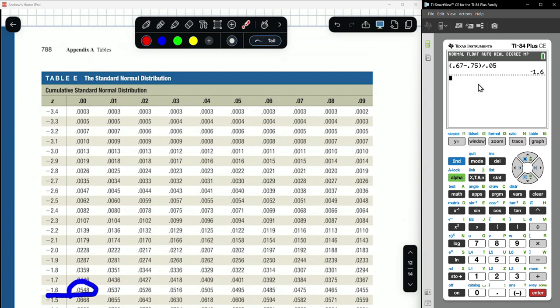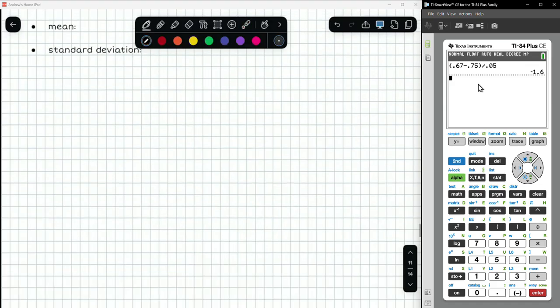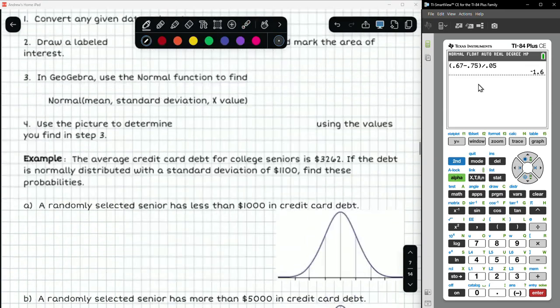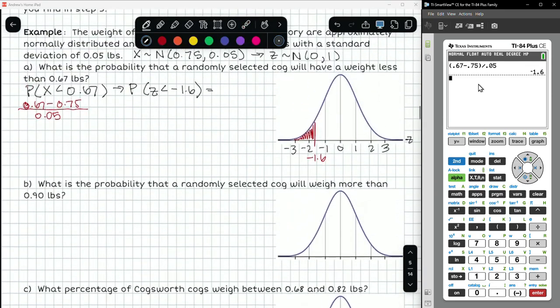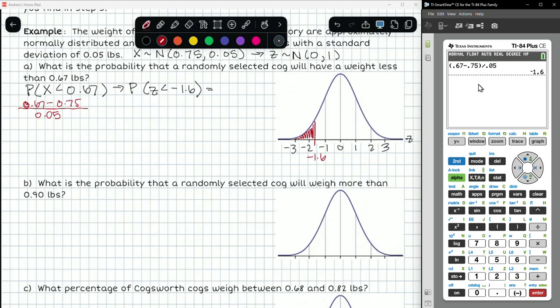So that value that's in the negative 1.60 intersection is 0.0548. So back up to our picture. This area here is 0.0548.